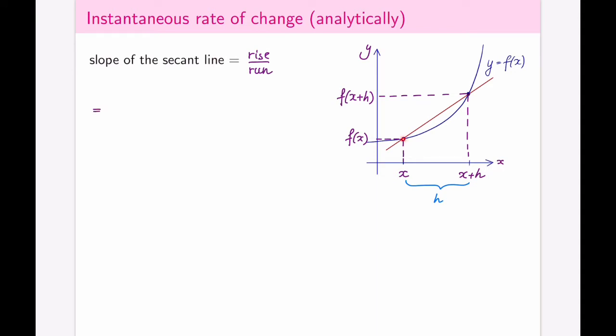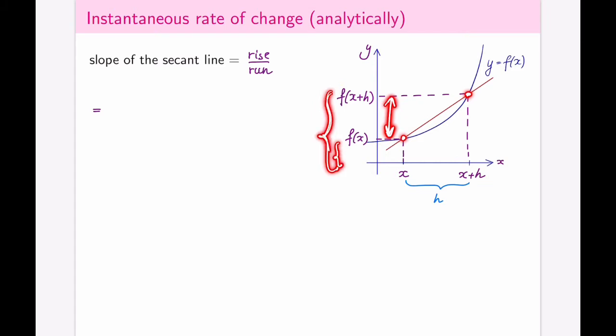Okay, so rise over run, that should be pretty straightforward. How much have I risen between these 2 points? Well, I have risen this distance right here, right? This is the vertical distance that I have risen to go from this point to this point. How can I compute it in terms of the y-coordinates that I already have labeled? Well, this distance here is actually the whole distance between f of x plus h and the x-axis minus this distance.